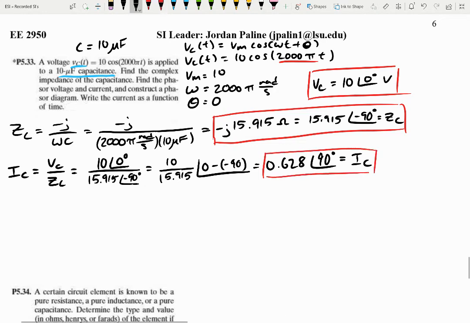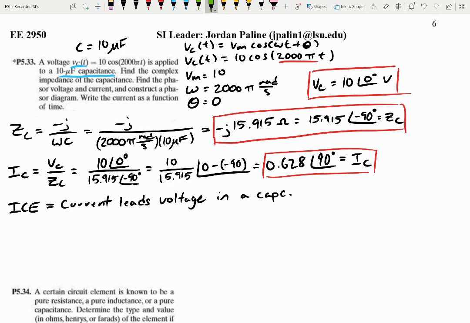Okay. But let's check it with the ICEman. ICE means current leads voltage in a capacitor. So what that means is that the angle for the capacitor current has to be greater than the angle for the voltage by 90 degrees.